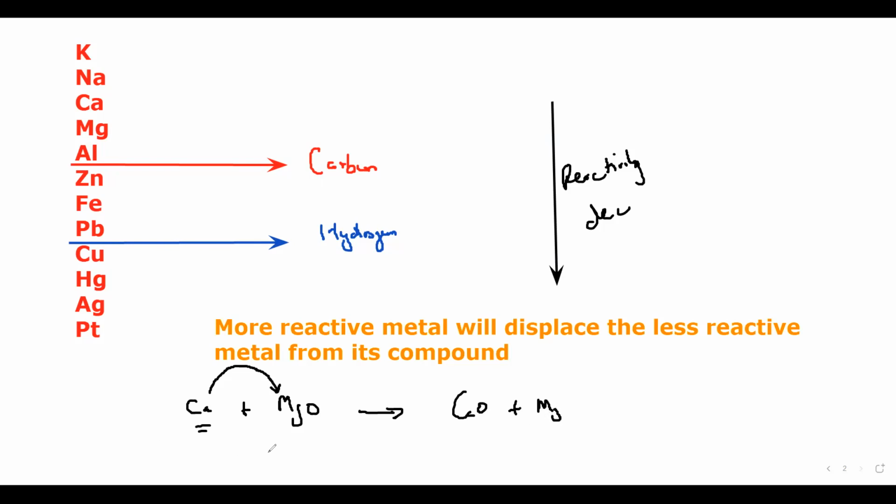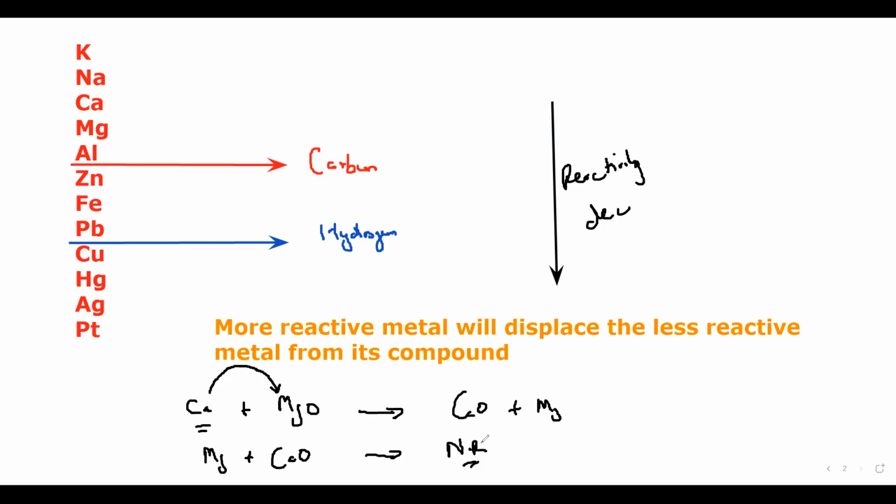But if we try the other way around, for example, if we have calcium oxide and we put magnesium, because magnesium, as you can see, is below calcium, magnesium is not able to displace calcium from its compound. That's why there will be no reaction. So whether a reaction occurs depends on the position of the element in the reactivity series.